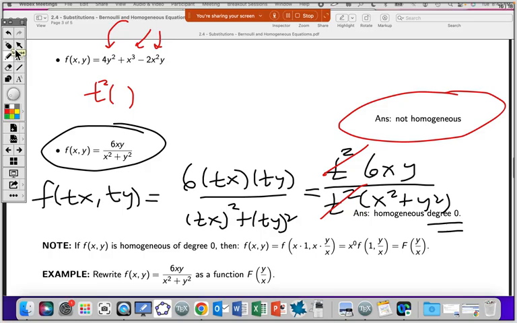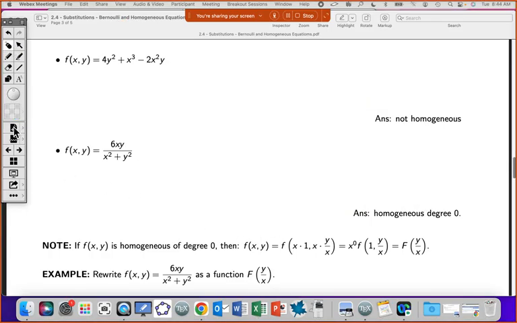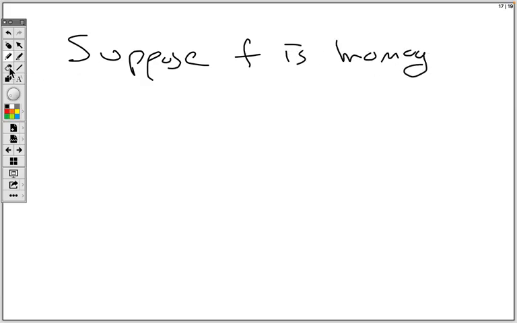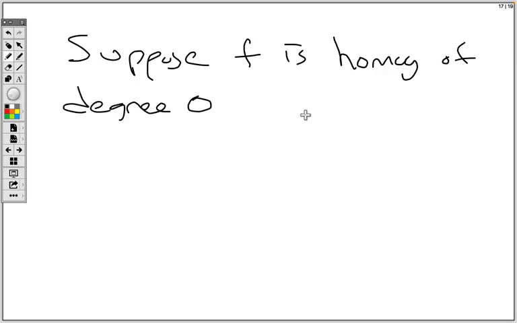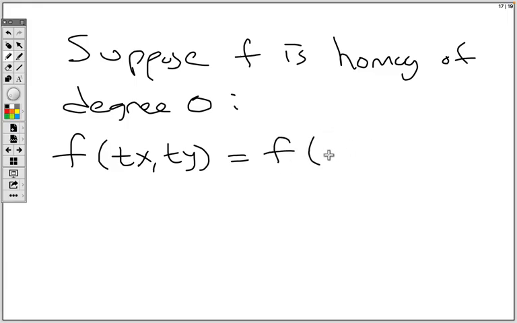So our focus here in differential equations is going to be on functions that are homogeneous of degree 0. So suppose f is homogeneous of degree 0, then that means that f of tx ty is the same as f of xy.